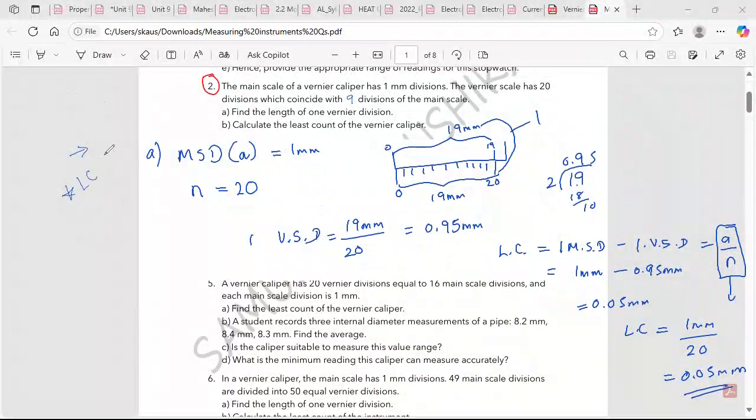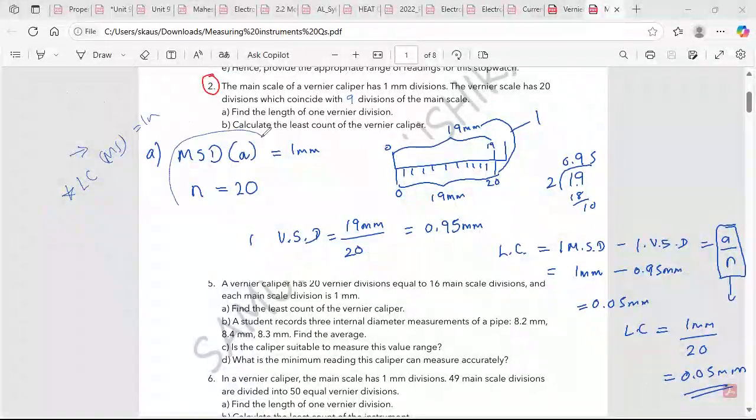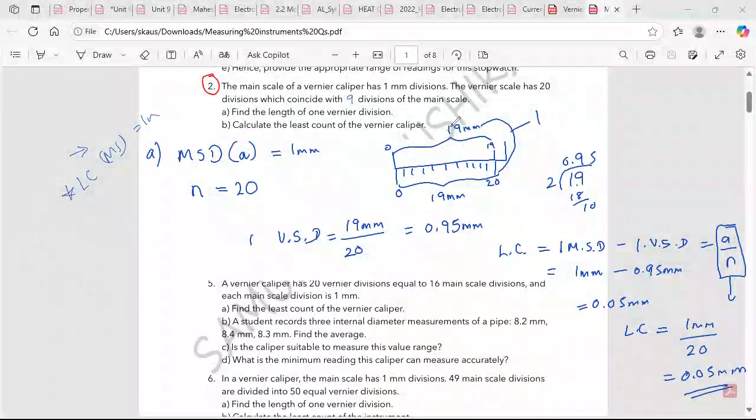You can write the least count of the main scale is 1. N is also still 20, but for the main scale, it's not 19 millimeters, it will be 9 divisions. So it's 9 millimeters. 9 millimeters divided into 20 divisions of the vernier. Calculate the length of one vernier division.